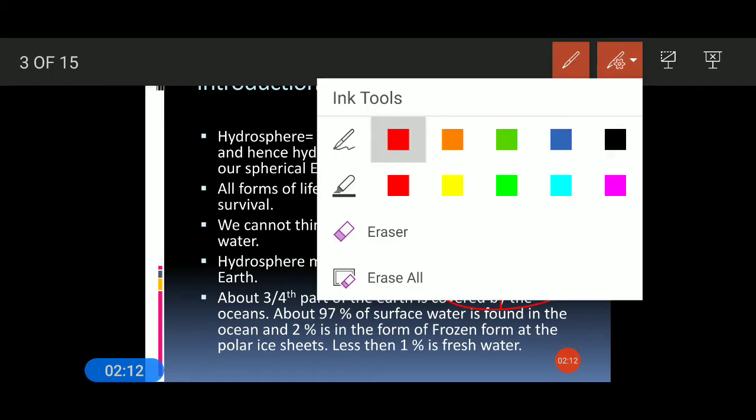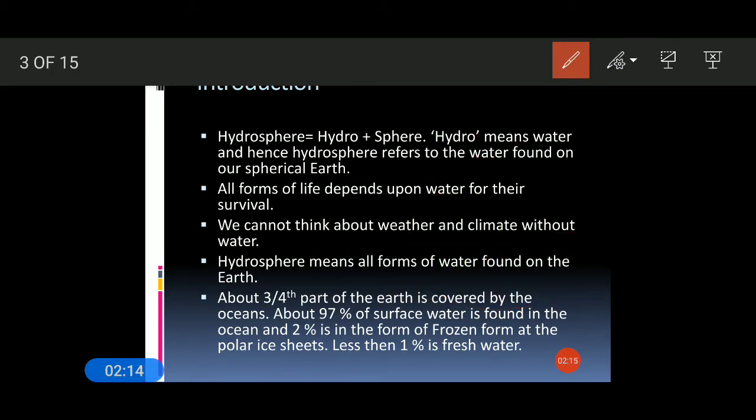Now coming to next, about 97% of the surface water is in the ocean, and 2% is in the frozen state, in the form of polar ice sheet. And less than 1% is fresh water.